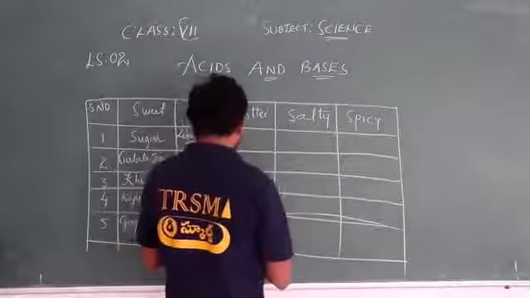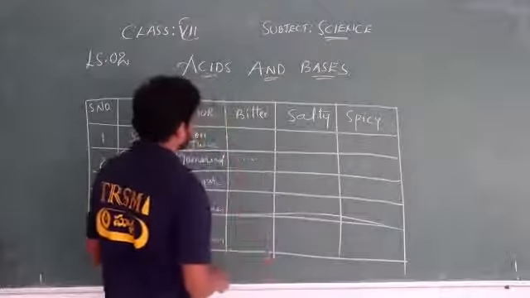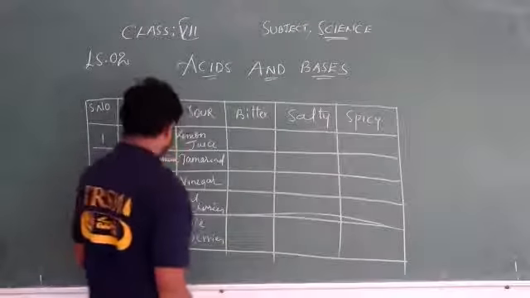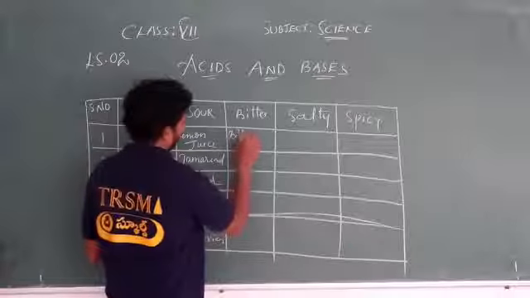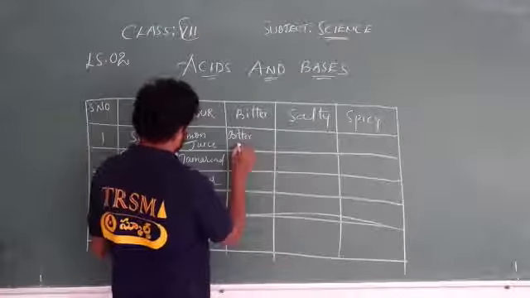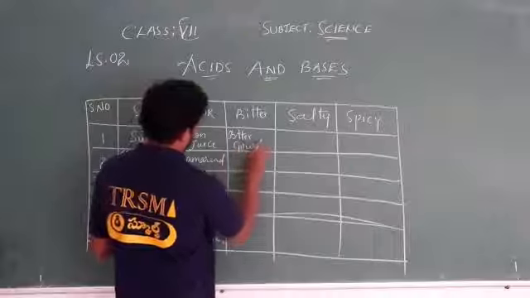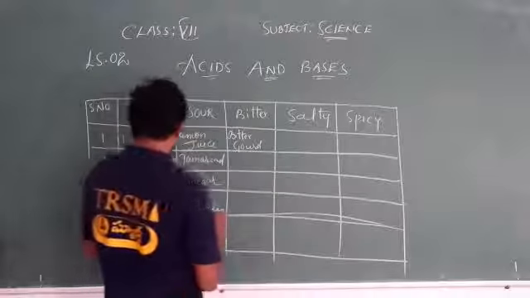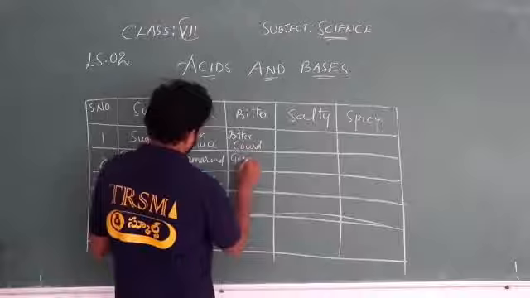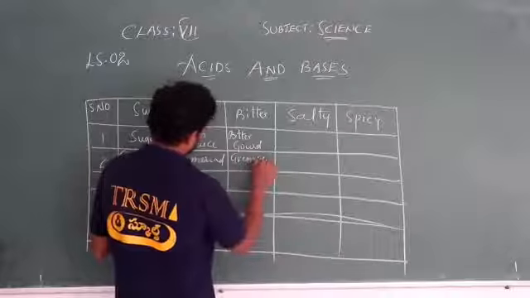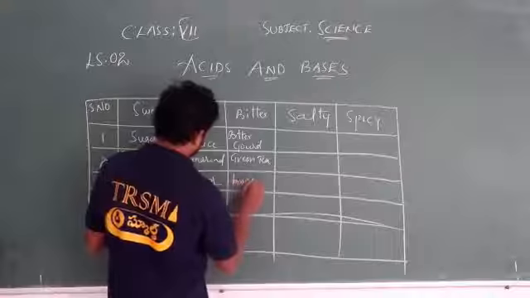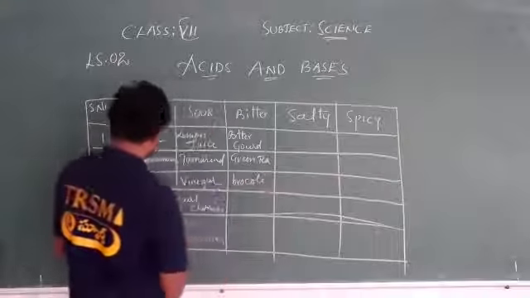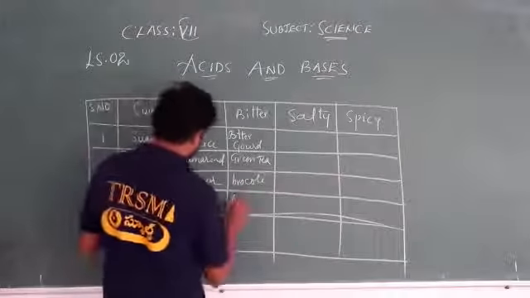Now bitter substances, which taste bitter. First one, bitter gourd. Okay, and green tea. Next, broccoli. Another one is radish.